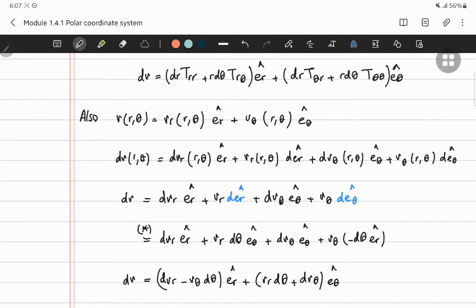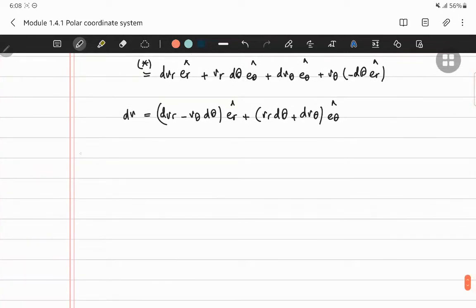Perfect. But remember, you have here v_r and v_theta, which are also functions of r and theta. So if we differentiate this, dv_r is the partial derivative of v_r with respect to r dr plus the partial derivative of v_r with respect to theta d theta.